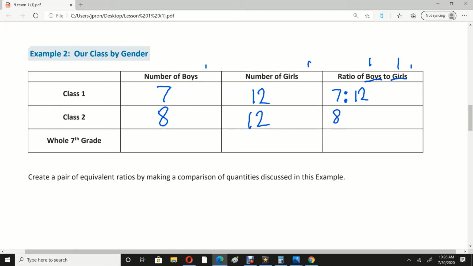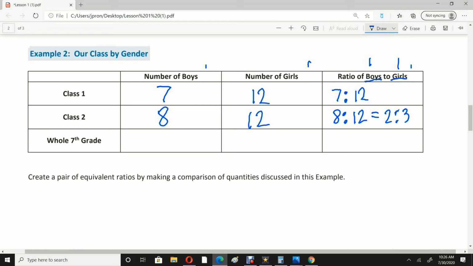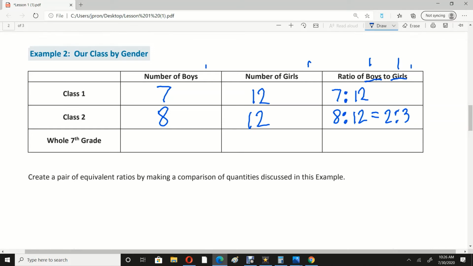So the ratio of boys to girls would again be 8 to 12. However, both 8 and 12 have a common factor of 4. We can divide 8 and 12 by 4. We divide 8 by 4, we get 2. 12, we get 3. That is just to say that those are equivalent ratios, right?